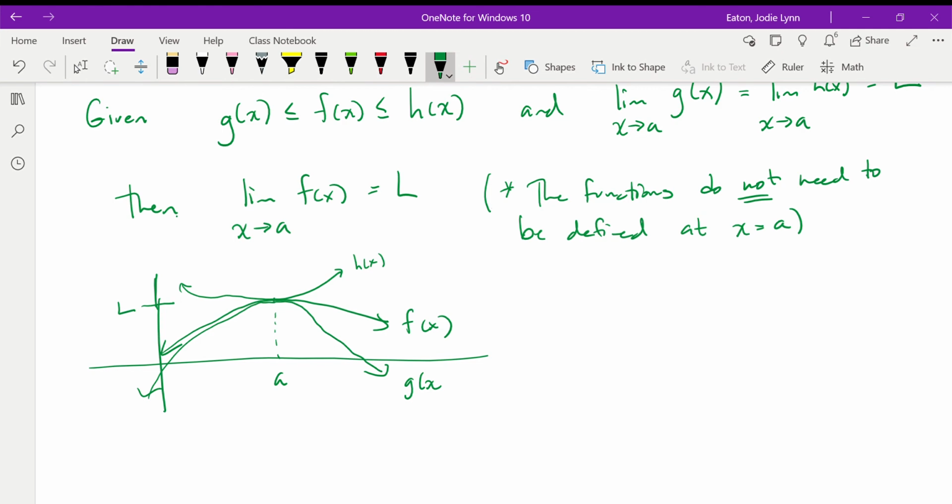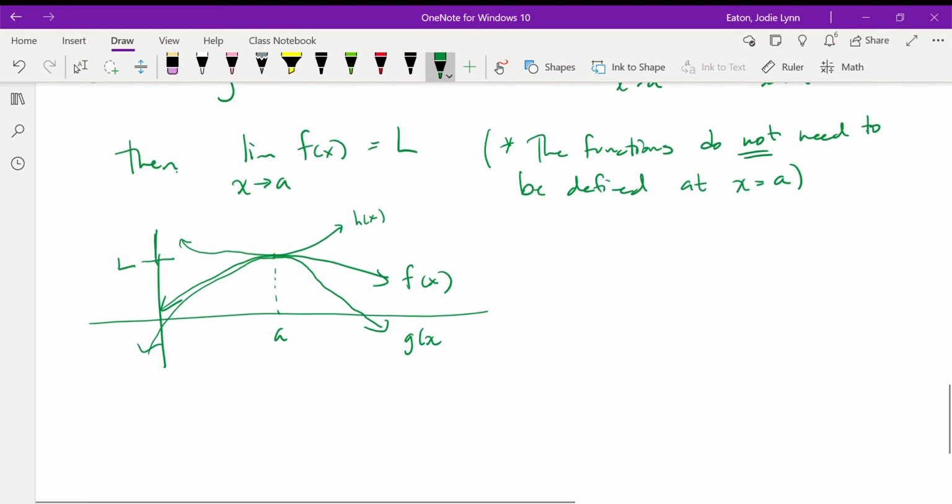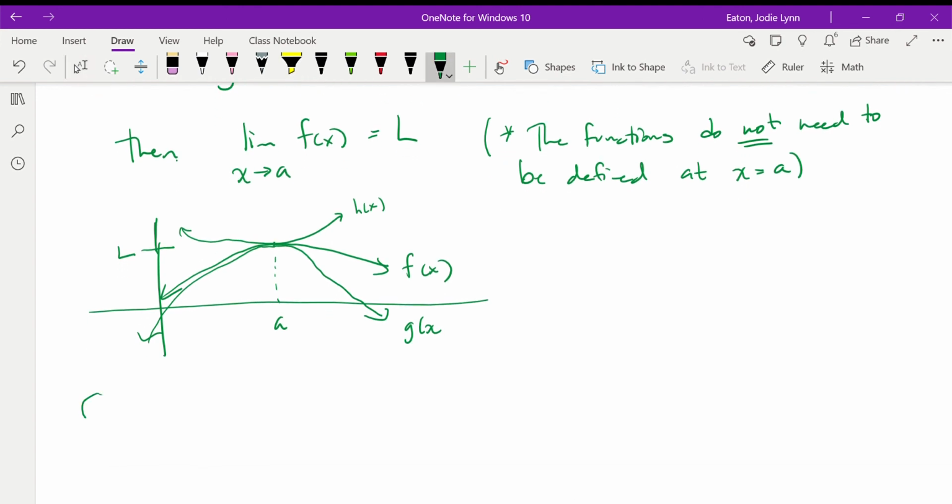So we know that f of x, even if we can't compute the limit as x approaches a of f of x, we can use the fact that it has to be between the two to prove it. Okay? So let's look at a quick example.